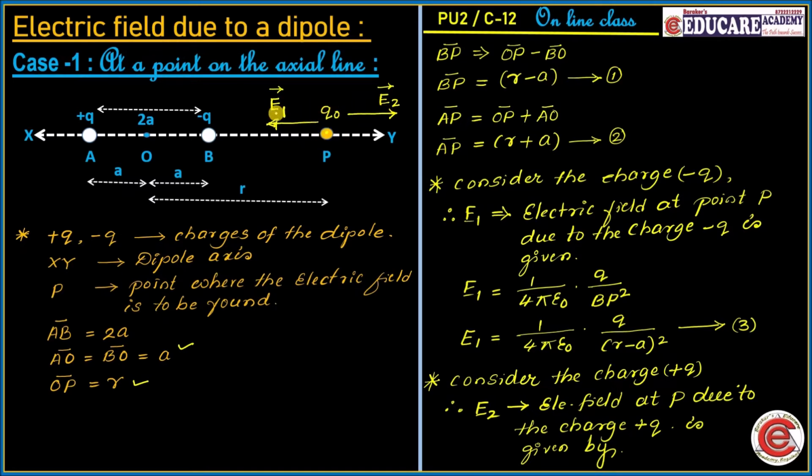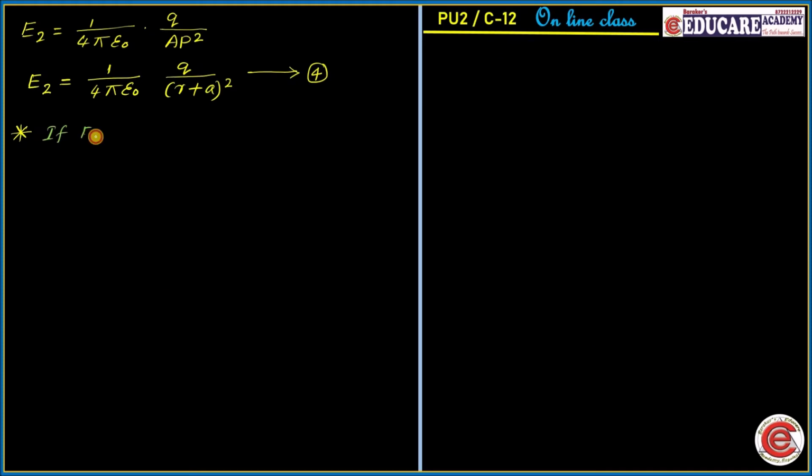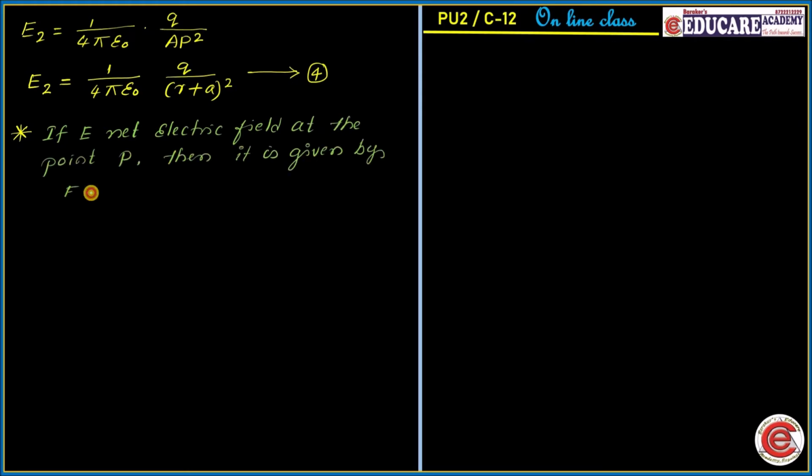Why do we need to consider the difference? Because they are in the opposite direction. Therefore, if E is the resultant or net electric field at the point P, then it is given by E is equal to E1 minus E2. It is the difference between the two electric fields.